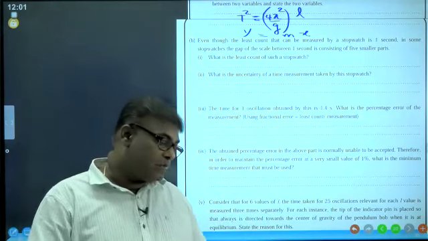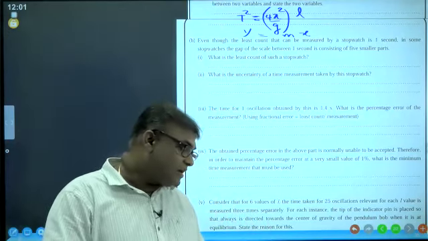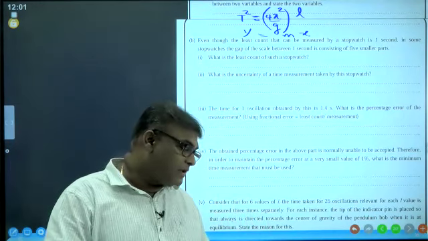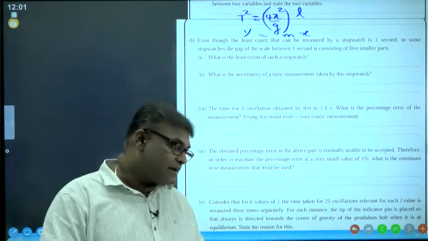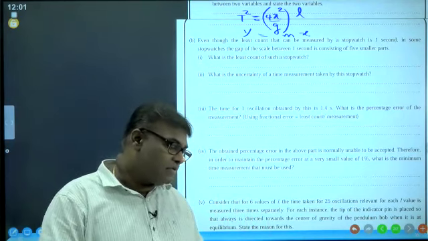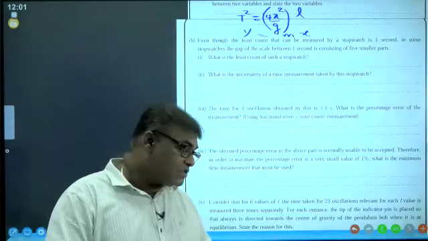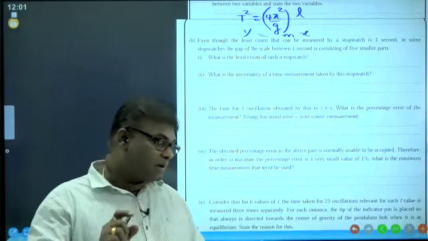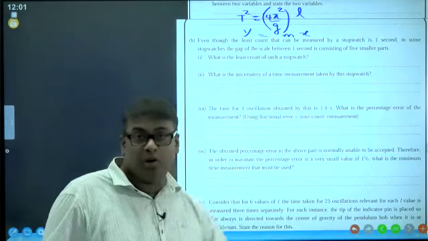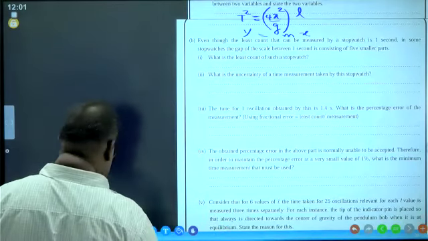Even though the least count that can be measured by the stopwatch is 1 second, in some stopwatches the gap of the scale between 1 second consists of 5 smaller parts. What is the least count of such a stopwatch? 1 second divided into 5 smaller parts.